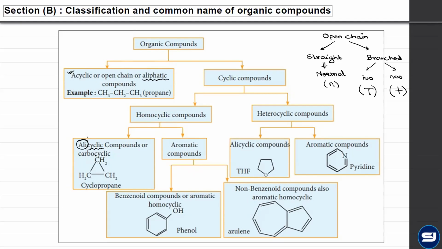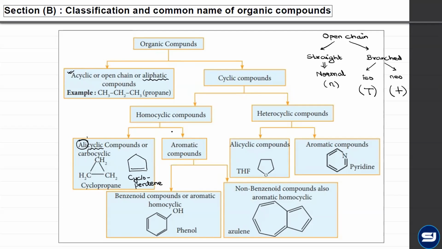And this type of compounds are named by prefixing cyclo. So you have the simplest of the ring with 3 carbon atoms. And with 3 carbon, it will be having the properties of propane, hence the name cyclopropane. Similarly, if I have a 5-membered ring with a double bond, then it will be named as cyclopentene, because now it has the properties of alkene, that is why it is called cyclopentene.